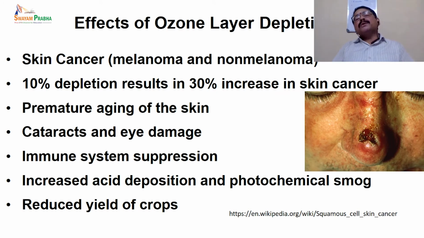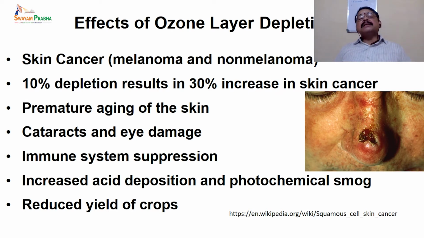If this ozone layer is depleted, the ultraviolet radiations have the capability to induce cancer, particularly skin cancer. Melanoma and non-melanoma are the two types of skin cancer prevalent because of the ozone layer depletion. And a 10% depletion of the ozone layer can increase the cancer rate to 30%.